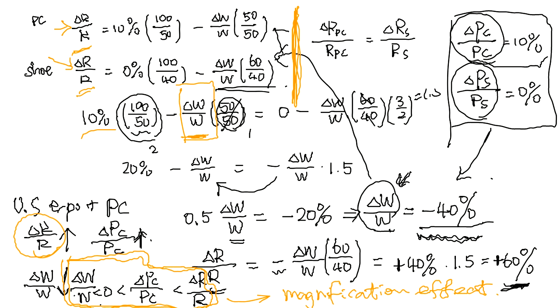Is this too complicated? I just want some feedback. Is this okay, or straightforward, or too slow, or does it totally make sense, or totally not make sense? Okay, I got two responses. Say it's very complicated. Okay, hard. But at least you need to know the meaning and the definition of the Stolper-Samuelson theorem.